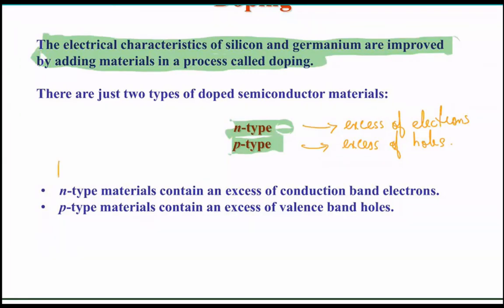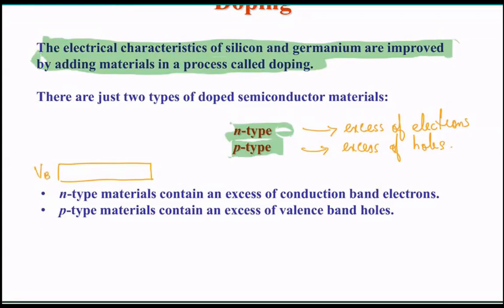Now, in the valence band, you had a lot of electrons here, correct? A lot of electrons like this, okay? Say this has some band gap energy of 1 electron volt.